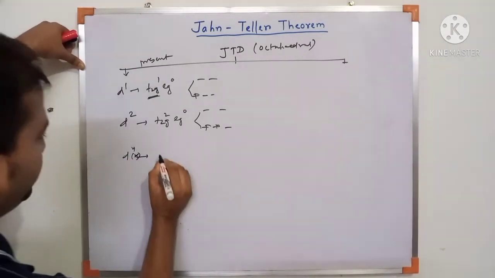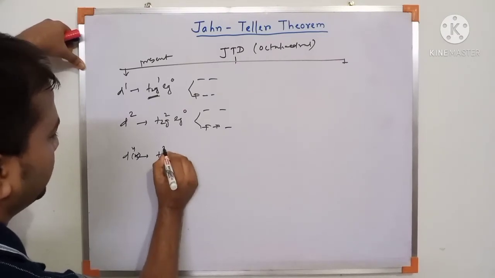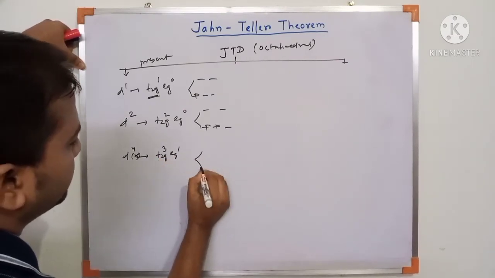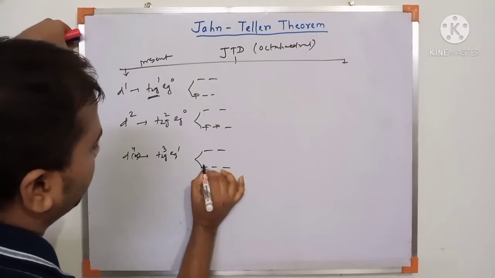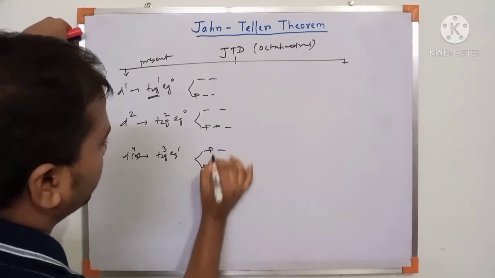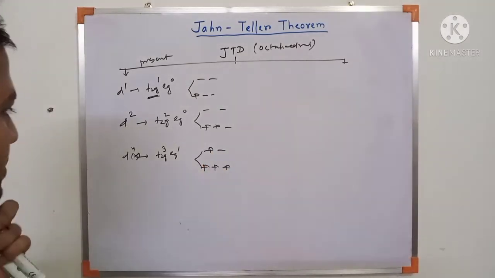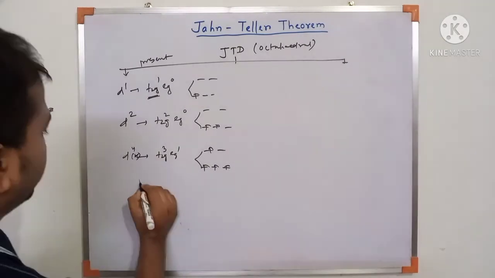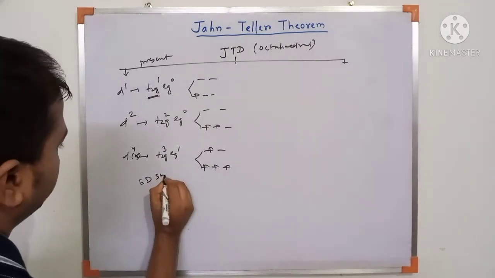Suppose d4 high spin case: t2g3 eg1. So there is also degeneracy 2. This is also an electronically degenerate state.